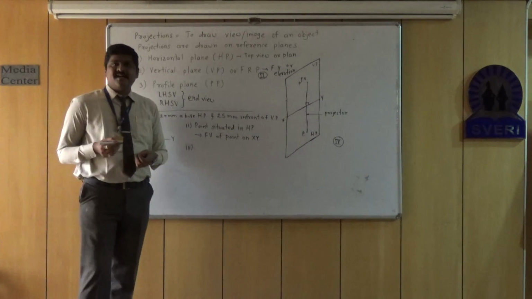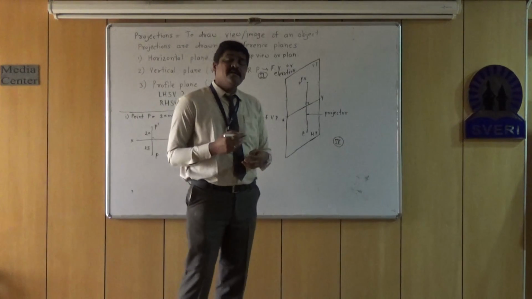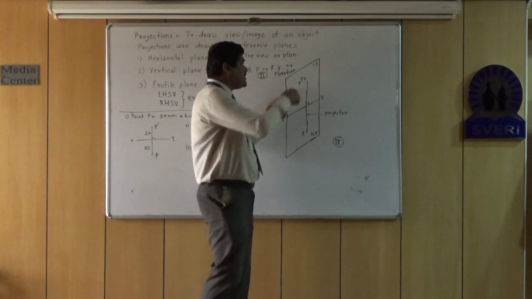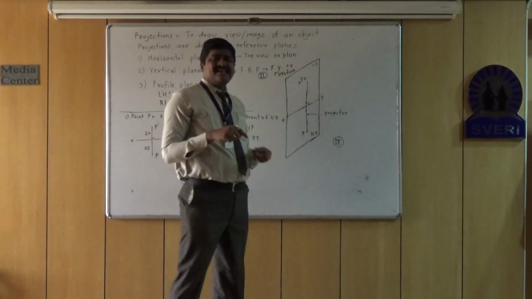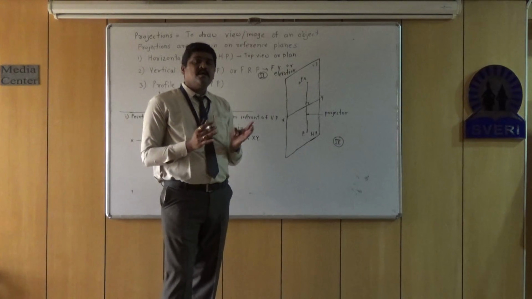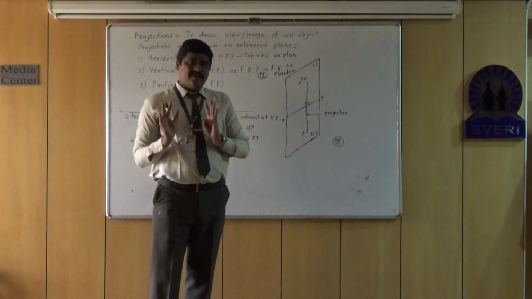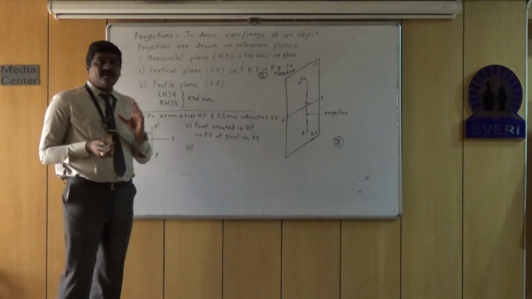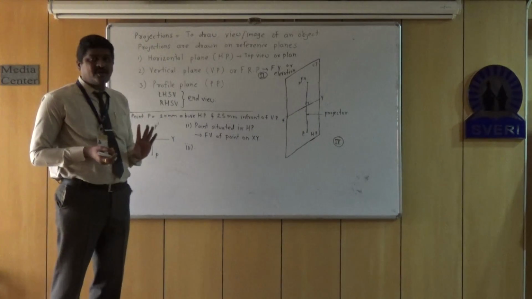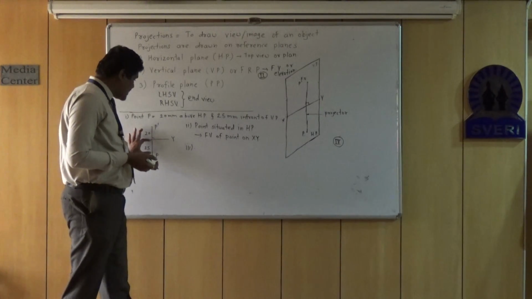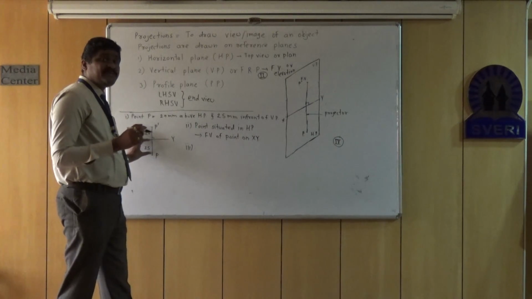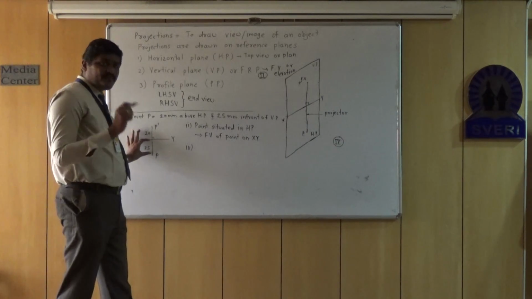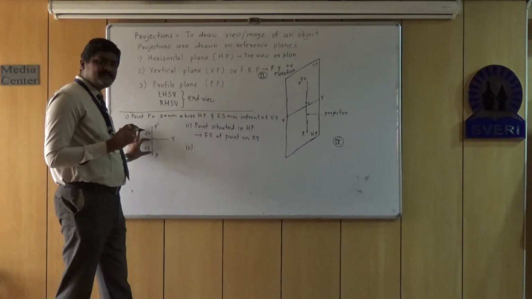the third situation we can understand, if a point P is situated in the VP itself. So if the point P is in VP, you are looking from the top side, then the distance of point P in front of VP will be 0 mm, because point is in VP. So distance in front of VP is marked below XY, that is whatever the distance we mark below XY in front of VP is given to be 0. Hence, if a point is situated in VP, this distance will be 0.